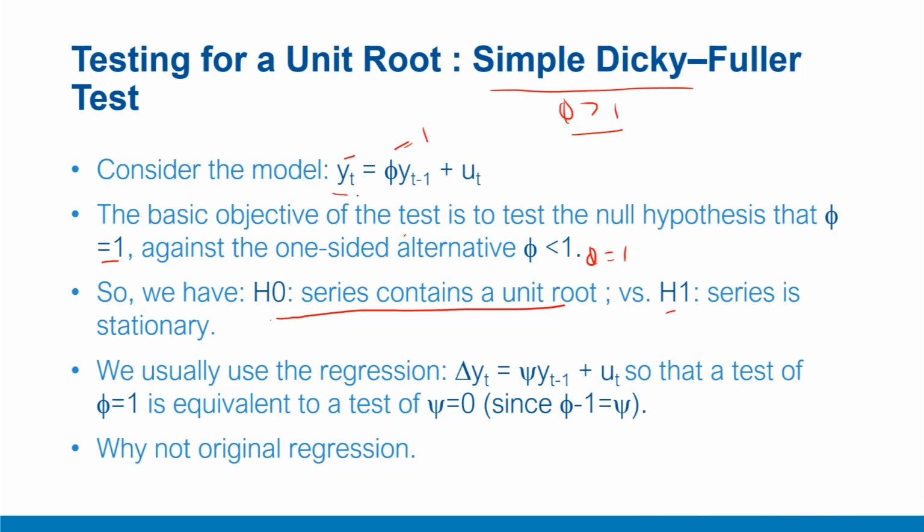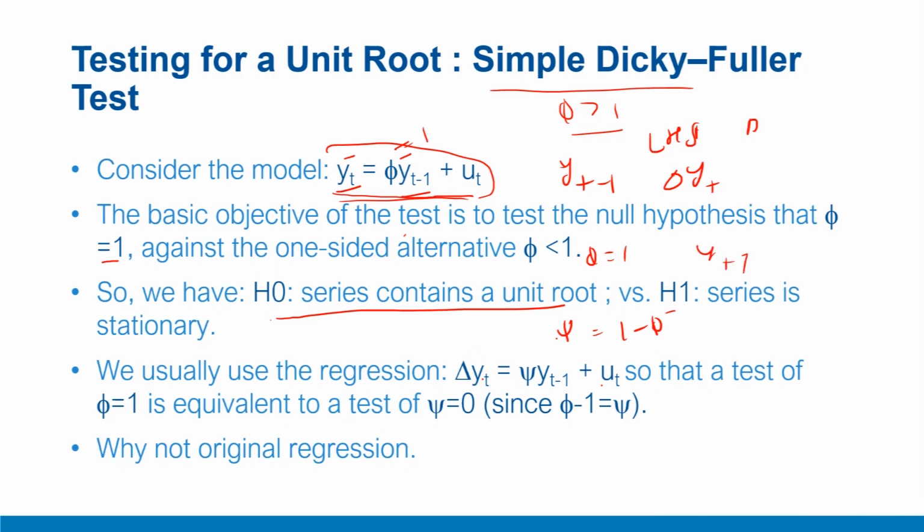Now, because of the formulation of this kind of equation, there is a possibility that phi equal to 1 and estimation of this kind of model will not be feasible. So we transform the model a little by subtracting y_{t-1} from both the LHS and RHS. Then the left side becomes delta y_t because of first differencing, and the right side becomes psi times y_{t-1} plus mu_t, where psi is equal to phi minus 1 because of that subtraction with y_{t-1}.